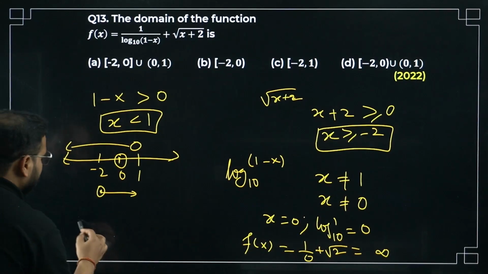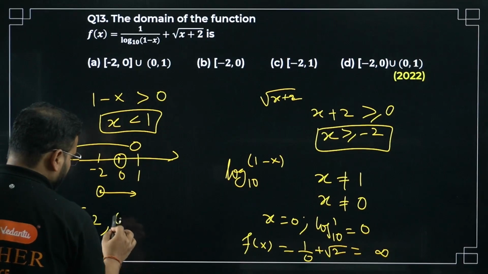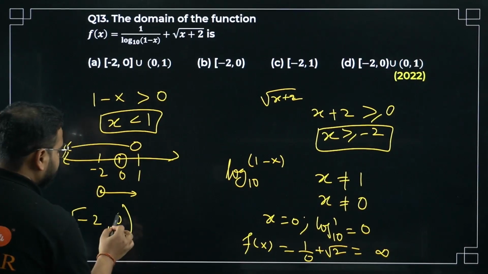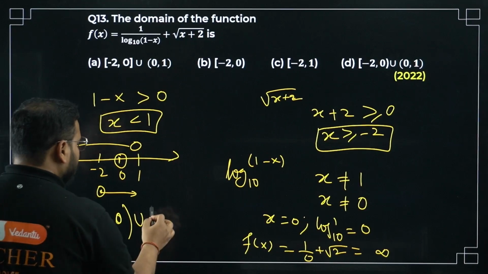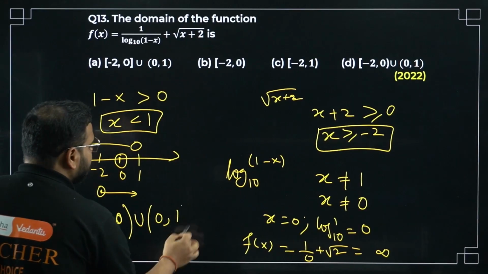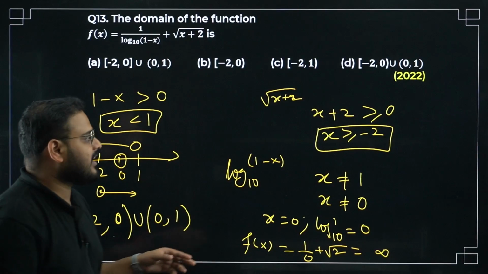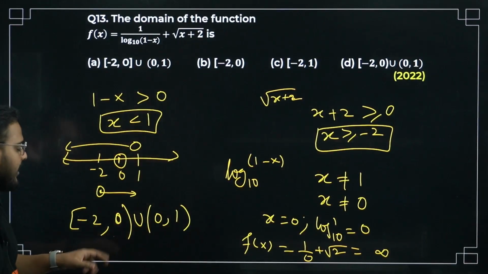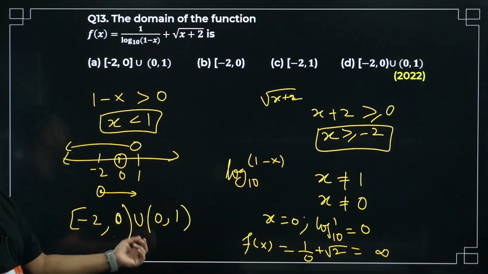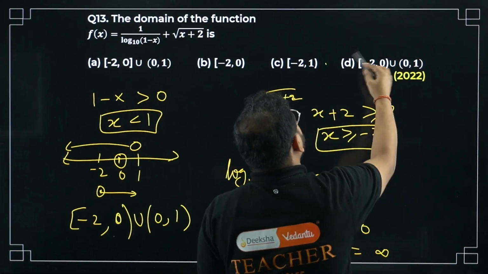Minus 2 closed to 0, but 0 has to be open, union 0 open to 1 open. Right or not? Minus 2 to 0, because it can be greater than or equal to minus 2. But 0 and 1 are always open. So option number D is correct.